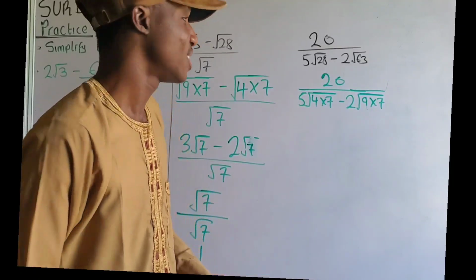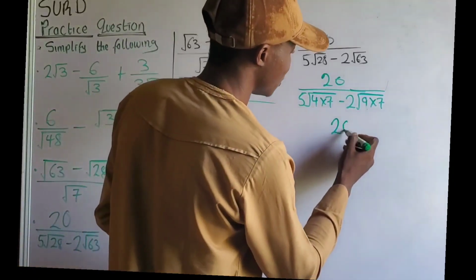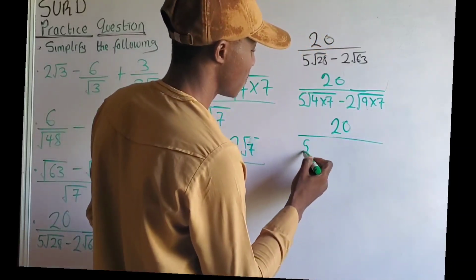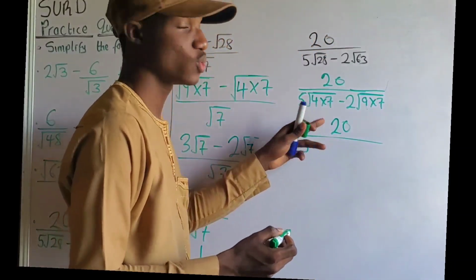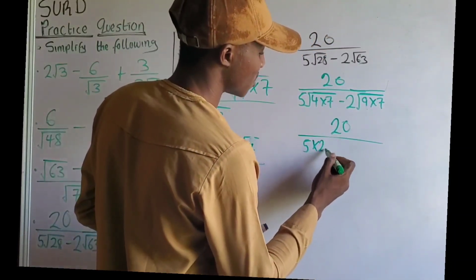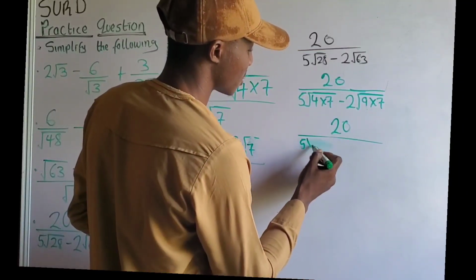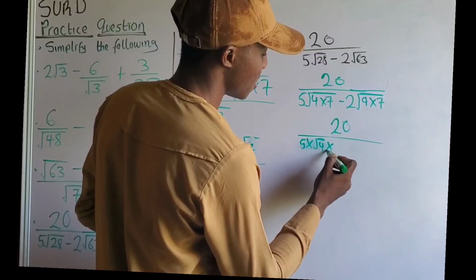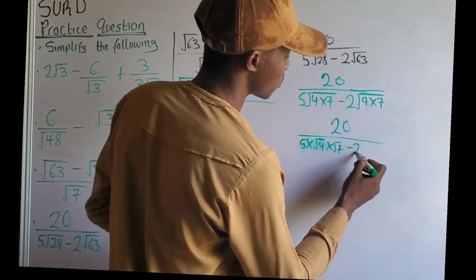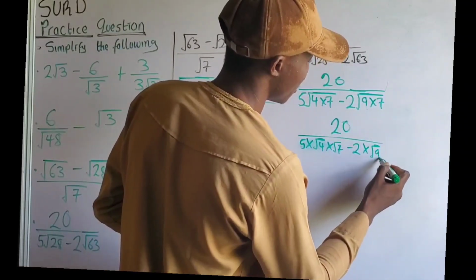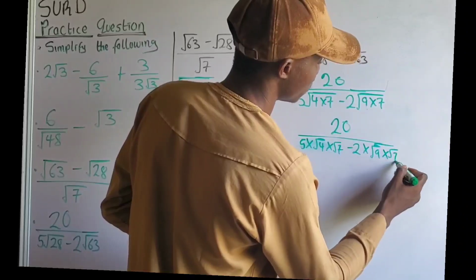Do you understand? Okay, so for this, I'm going to have 20 all over 5 multiplied by square root of 4, which is what? 2. Or maybe let's do it step by step: 5 times square root of 4 times square root of 7 minus 2 times square root of 9 times square root of 7. Do you know what I did?